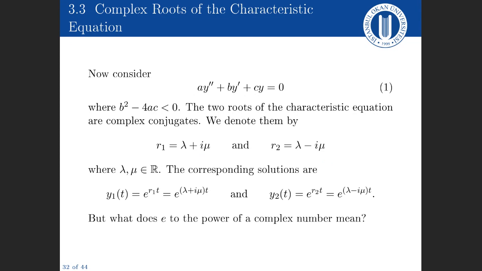Then we have two solutions. e to the power r1t, or e to the power lambda plus i mu t, is the first solution, and the second solution is e to the power r2t, or e to the power lambda minus i mu t. But what does e to the power of a complex number mean?